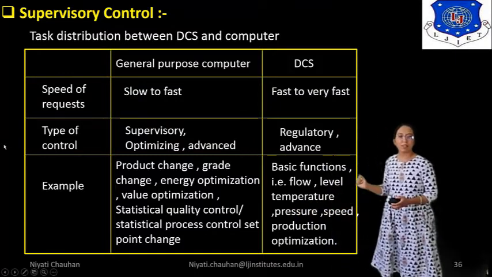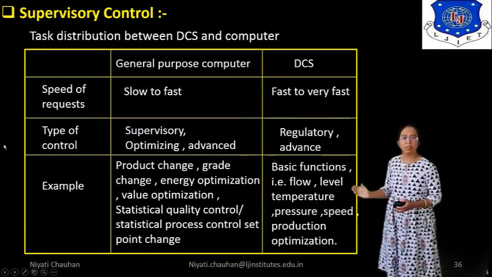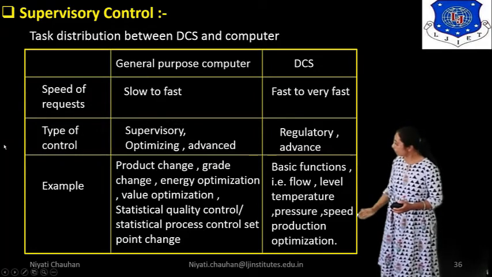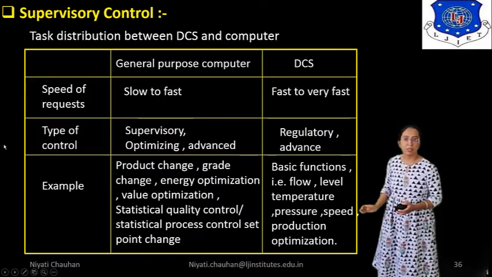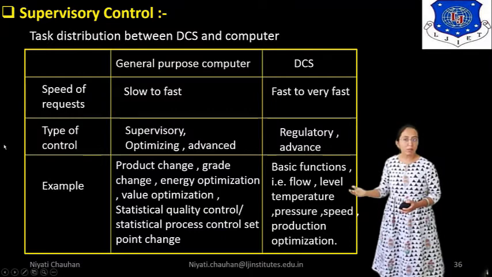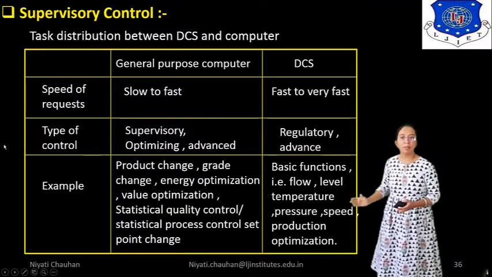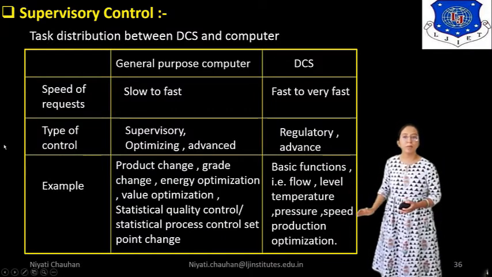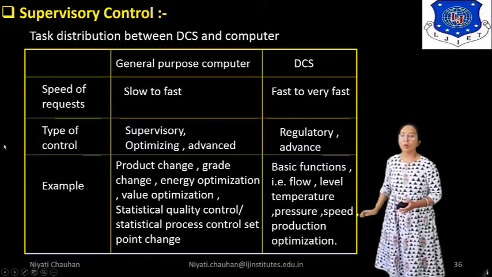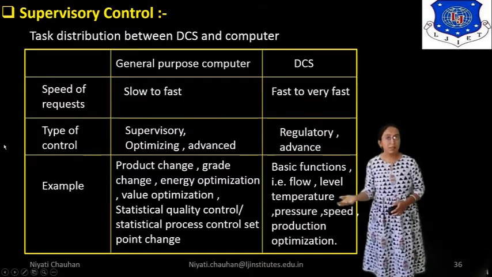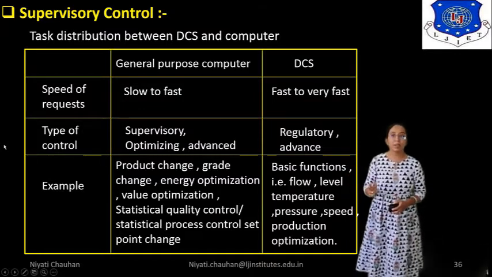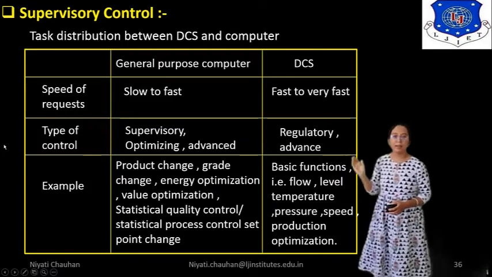Thereafter in DCS, basic functions. Here we are discussing examples: basic functions, that is flow, level, temperature, pressure, speed and product optimization. So this is the task distribution between general purpose computer and DCS.